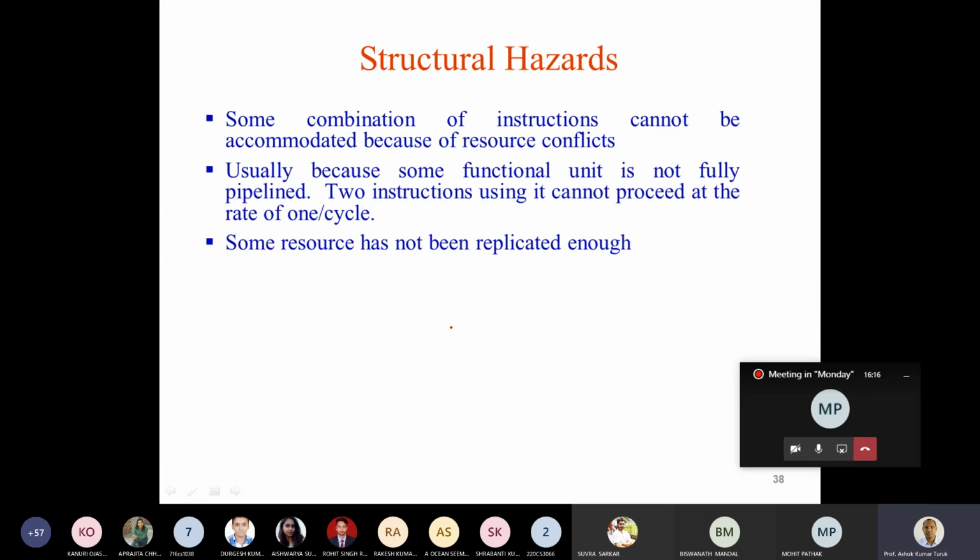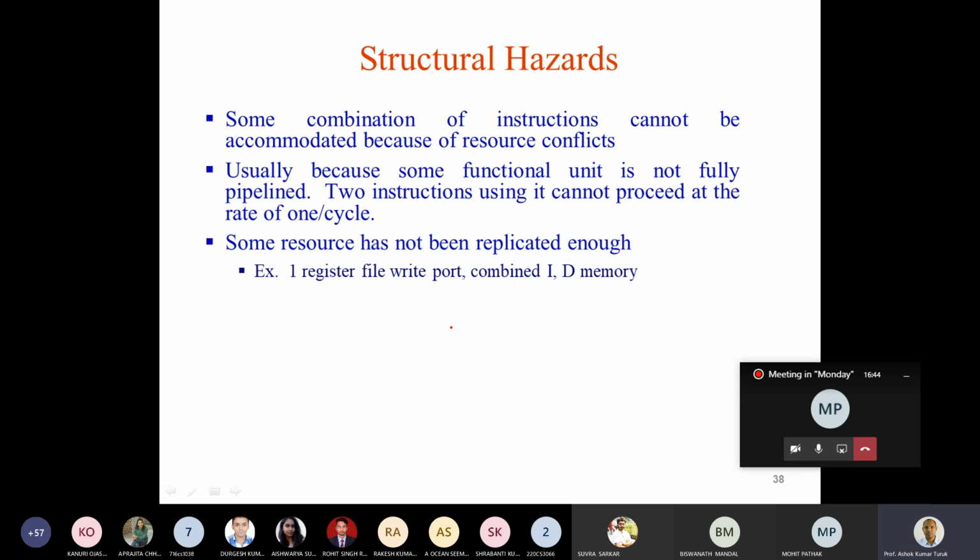The second reason for the resource conflict is that some resources have not been replicated enough. Whether the functional units are not fully pipelined or the resources are not replicated enough, that means there are not enough duplicated resources available to serve different combinations of instructions at the same time.